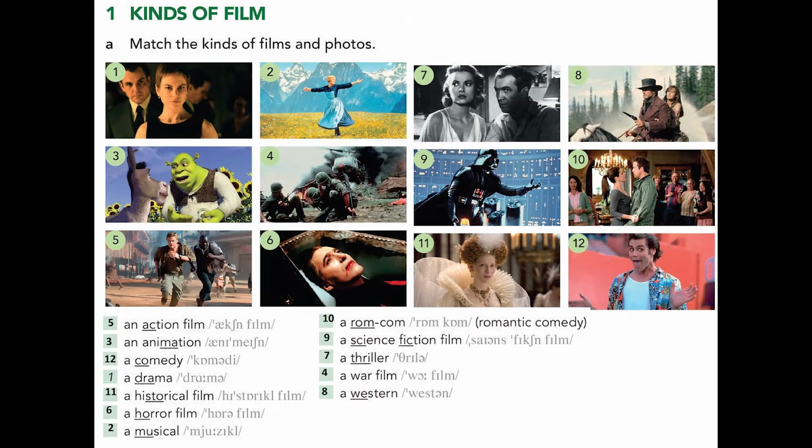Cinema 1. Kinds of film. 5. An action film. 3. An animation. 12. A comedy. 1. A drama. 11. A historical film. 6.